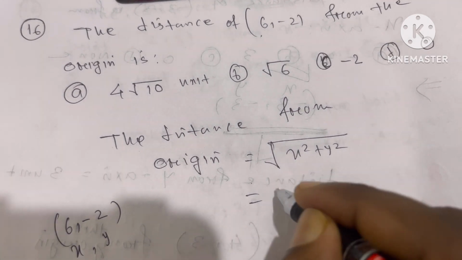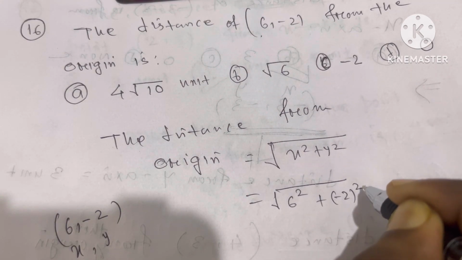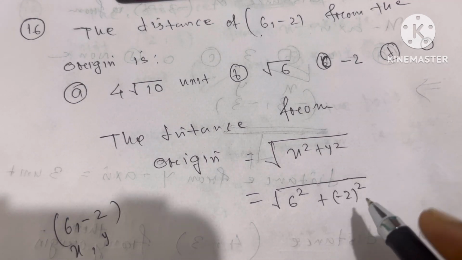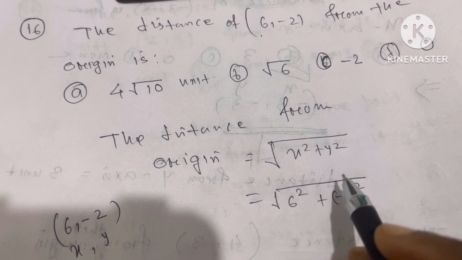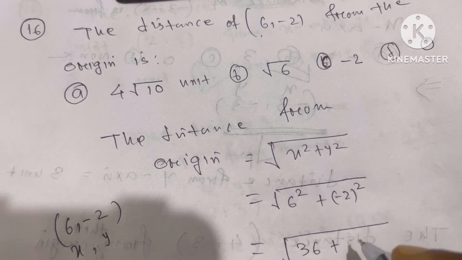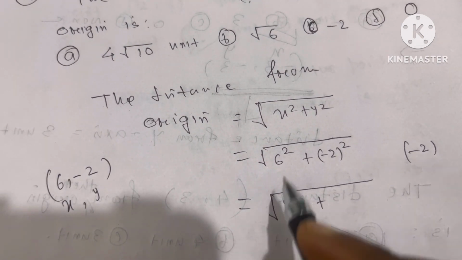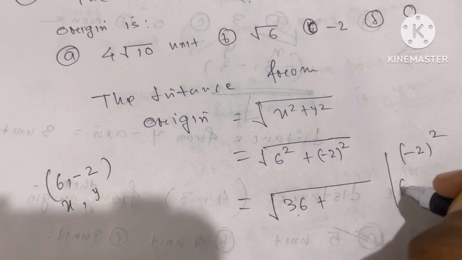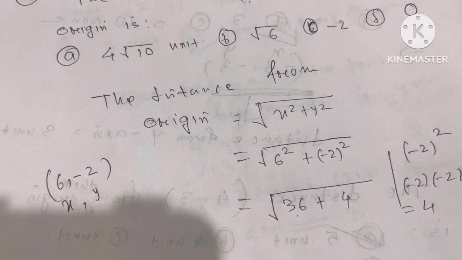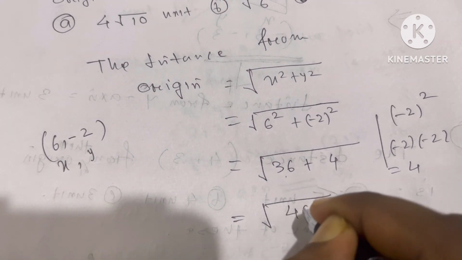So you put x value 6 square and y value minus 2 whole square, because y value is negative, that's why you use a bracket. 6 square is 36, and minus 2 square means minus 2 into minus 2, minus times minus is plus, 2 twos are 4, so plus 4. If you add them, you will get 40 here.